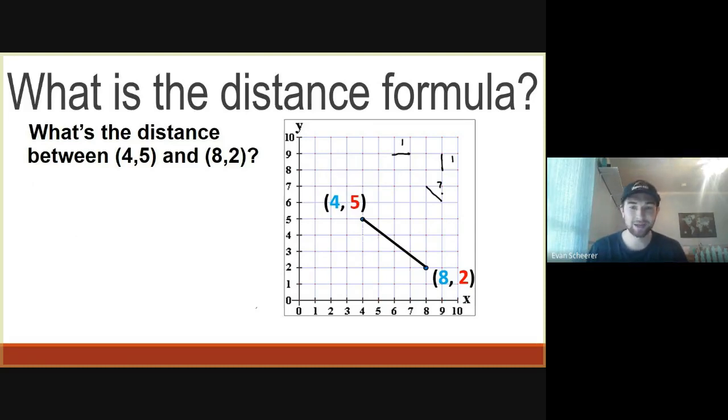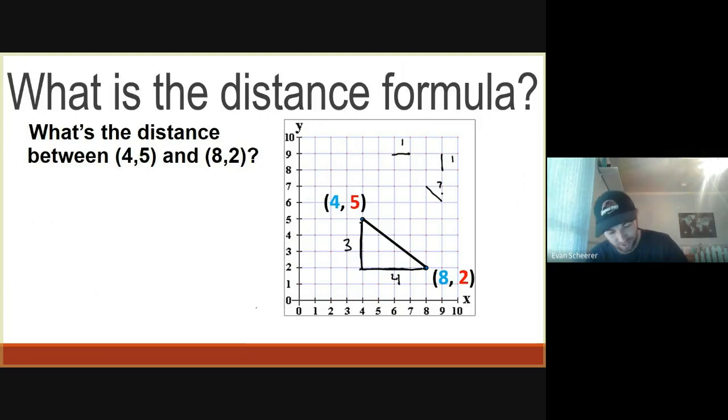But instead, what we can do is pretend we're Google Maps, and we are going to make a triangle. So notice, I'm going to move down this exact amount, and I'm going to move across this exact amount. It's sort of like finding the slope. Now, what is this distance right here? This is 3. What is this distance across? This distance is 4.